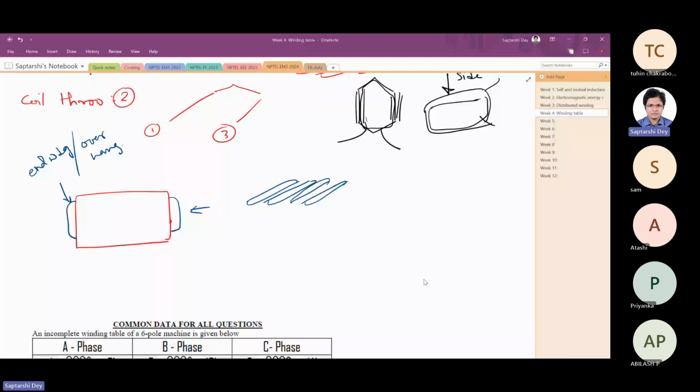Let me see if I can find a good photo. Photo of end winding, if I can find. Distributed. Okay, something interesting came up here while searching for the photo. This one is good, although schematical. Okay, let me show you this.